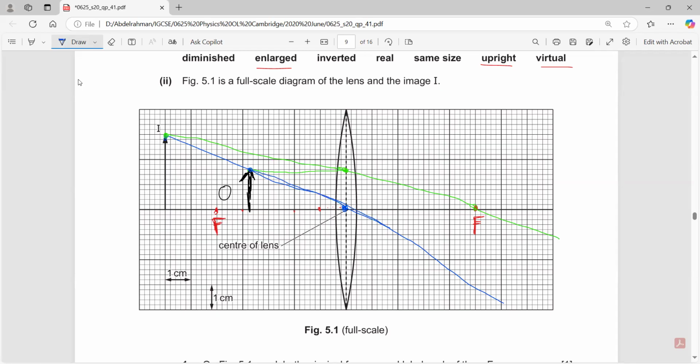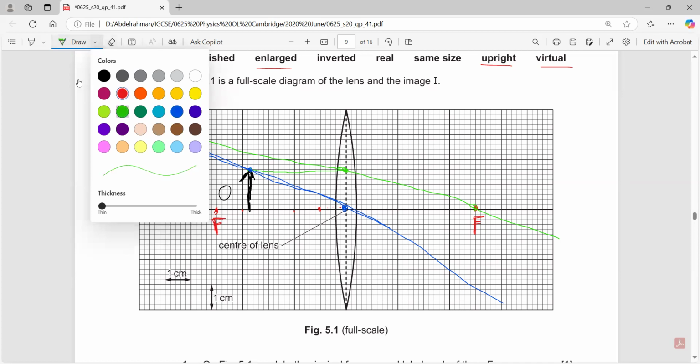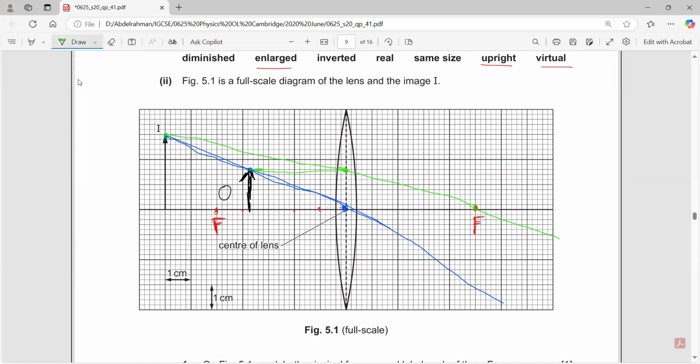Since this is a magnifying glass, it's a virtual image, so you need to extend the rays behind the object. Then the second line, the green line, you draw parallel to the principal axis from the tip of the object.